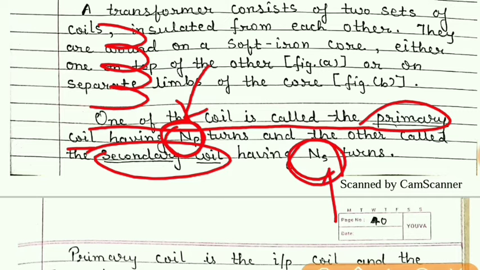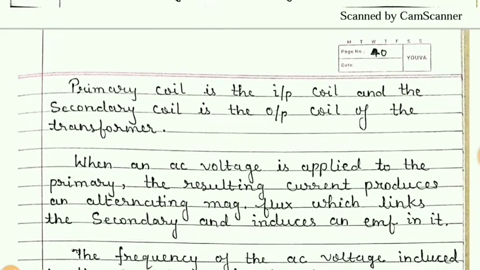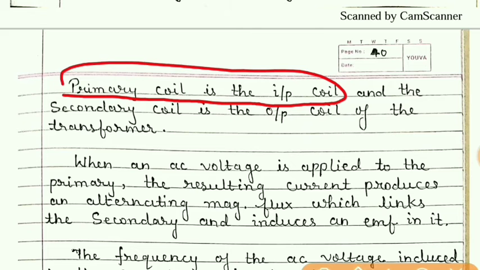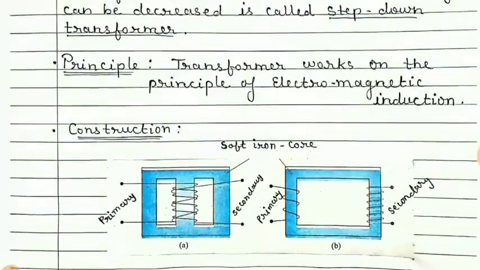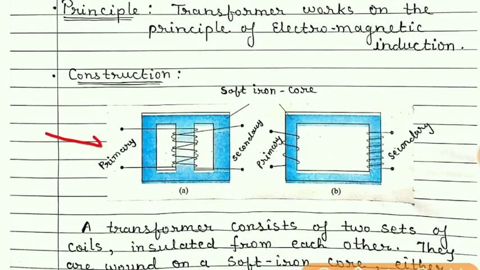This small s is for secondary and this N is for number, so number of secondary. Now the primary coil is the input coil and the secondary coil is the output coil. Means input is given to the primary and the output is taken from the secondary.